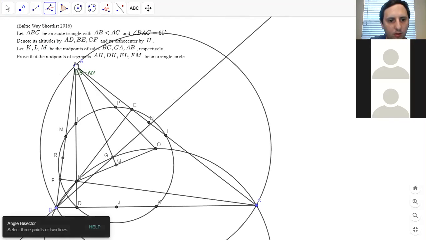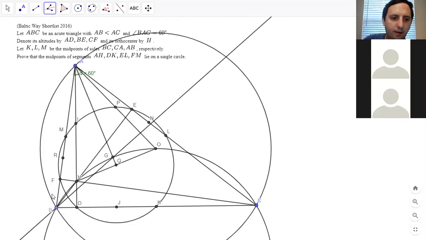Can you say it one more time? So G lies on the angle bisector of ABC, right? Yeah. And we're trying to show that GR is equal to GJ, right? Actually, R and J are the tangency points of the in-center, which is G. No, I don't think that's true.